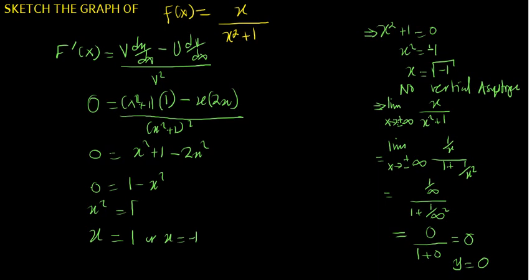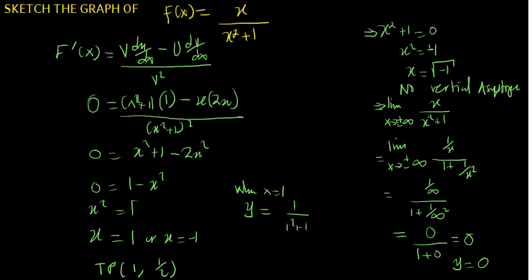When x is 1, what will be the value for y? We go into the original function. We put a 1 there, and a 1 on top. So that will be 1 divided by 1 squared plus 1, which is simply 1 over 2. So the first turning point we have is 1 comma 1 over 2.